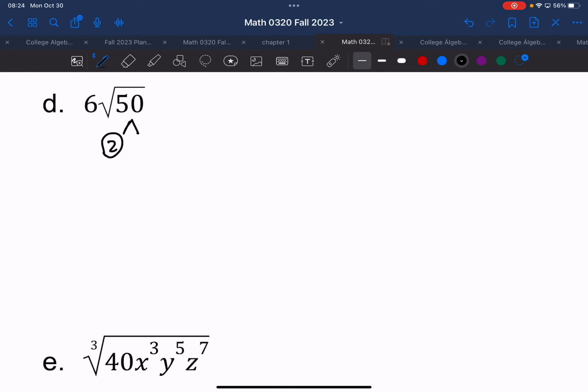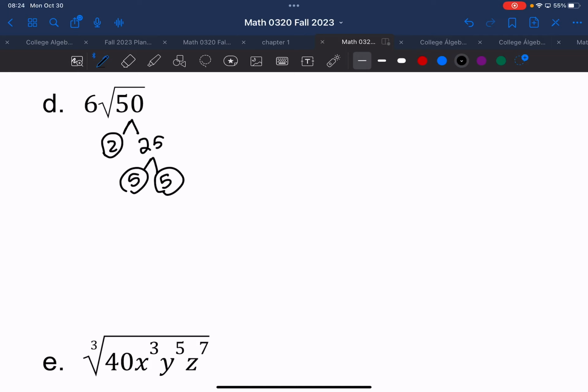So 2 goes into 50 25 times. Can 2 go into 25? No, so we go to our next prime number. Can 3 go into 25? No, then we go to the next prime number. Can 5 go into 25? Yes, so 5 goes into 25 5 times. So we end with 2 prime numbers.